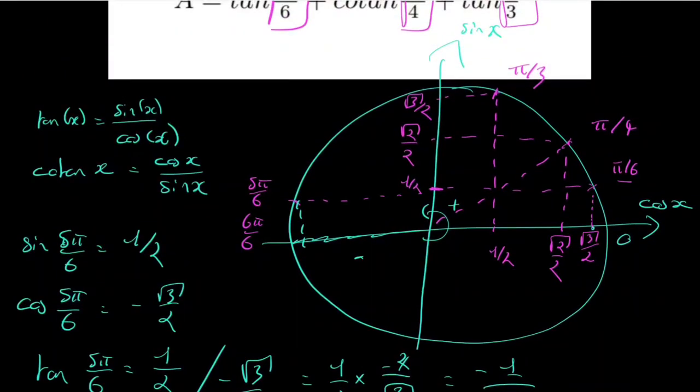We've got 1 pi over 4, 2, 3, 4, 5, 6, and finally 7 pi over 4 here. And in 7 pi over 4, we will have the same cosinus as in pi over 4. So here is 7 pi over 4, and the opposite sinus of pi over 4.